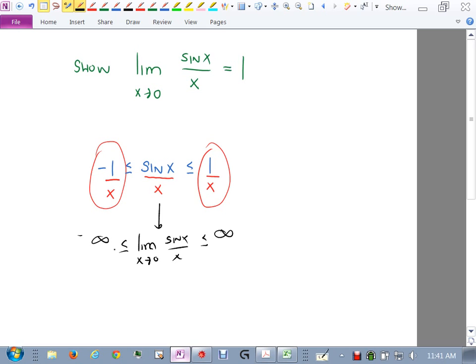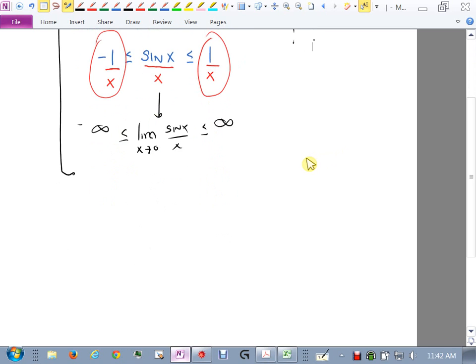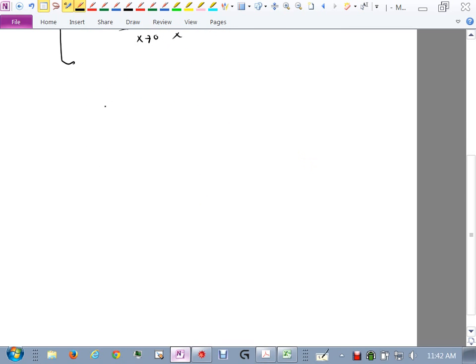We need these two sides to go to the same thing, right? In order for us to squeeze down the one in the middle. Okay, so I just wanted to show you that because I don't want you to misapply the squeeze theorem. I'm putting question marks out there like, okay, then if that didn't work, how could we do it? Stand by, we'll talk about it.